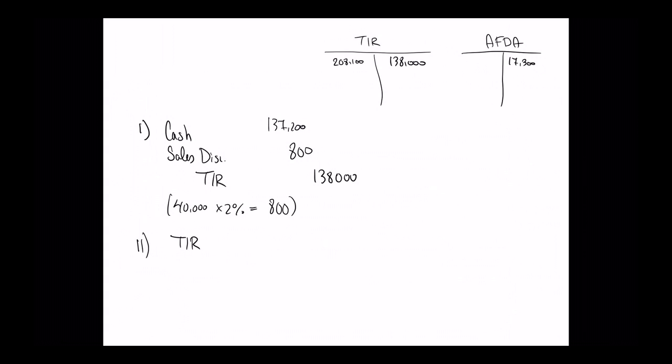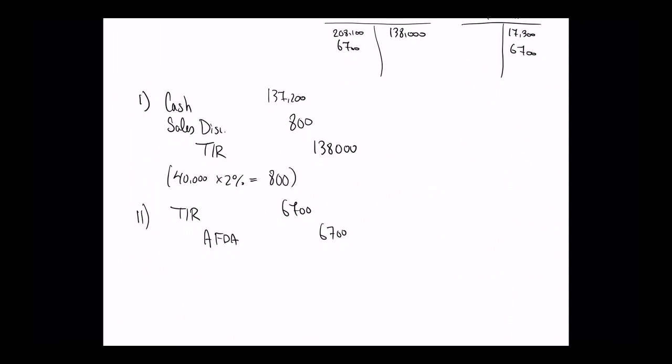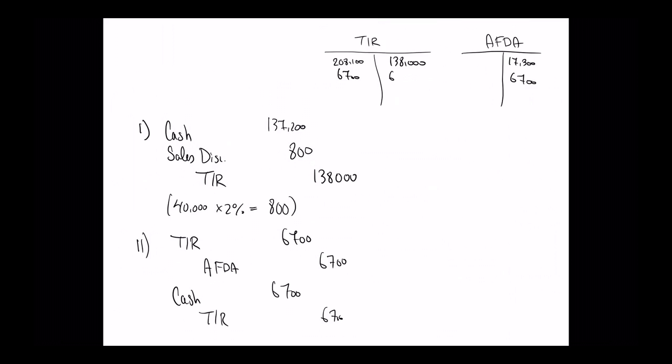So we're going to debit the receivables and we're going to credit the allowance for doubtful accounts. And this amount was for $6,700. So we're going to plug that into our T accounts. And we're now going to record collecting it. So debit cash, credit trade receivables, $6,700 for each.